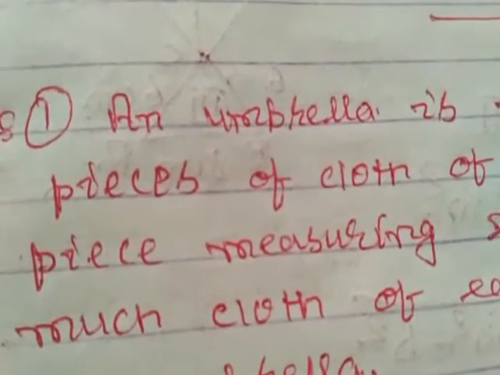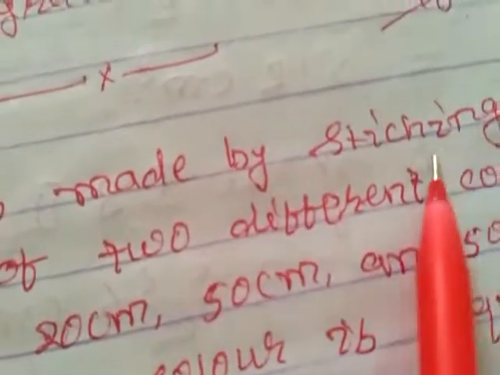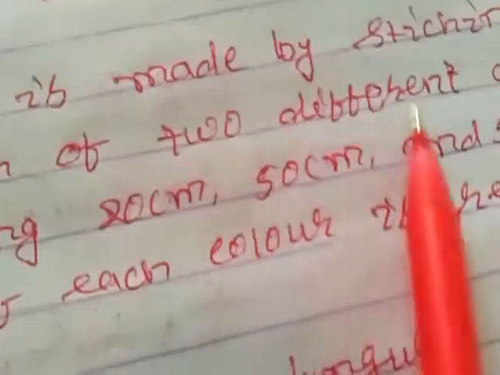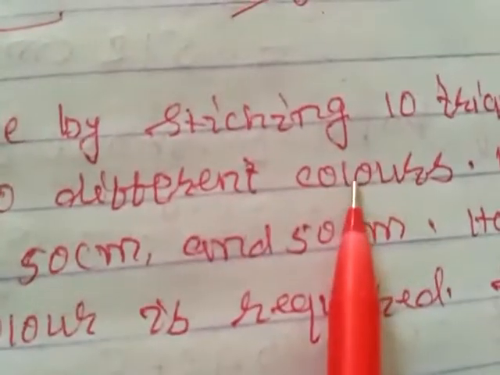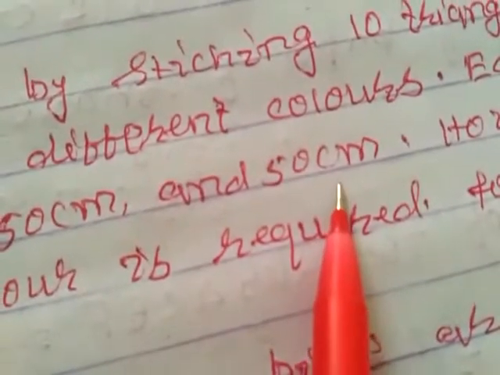So today's first question is that an umbrella is made by stitching 10 triangular pieces of cloth of two different colors, each piece measuring 20 centimeter, 50 centimeter and 50 centimeter.